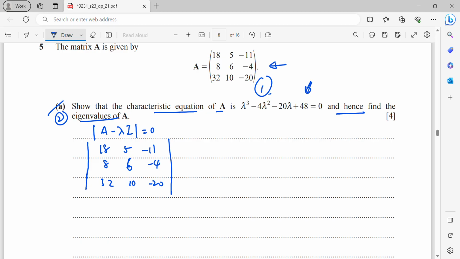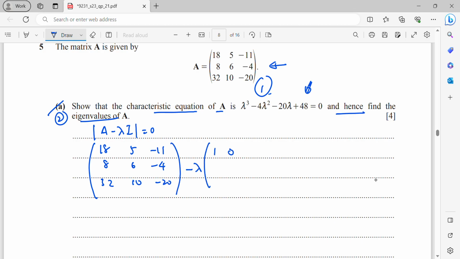I get it from the matrix A. Alright, sorry, it should be A minus lambda I, so I have to subtract lambda times the matrix with 1s on the diagonal. This is my matrix A minus lambda I. I is the identity matrix.